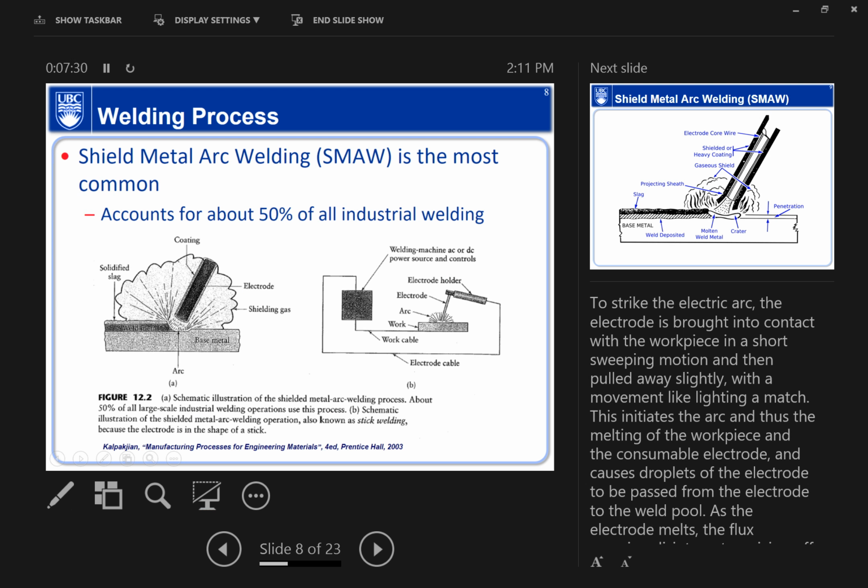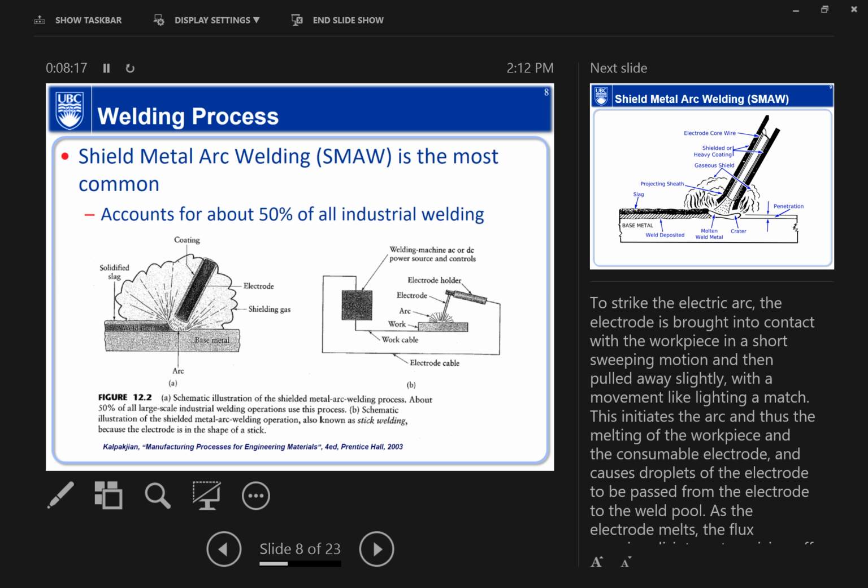As you go over the surface of the metal, an arc is generated between the electrode and the base metal, and the arc continuously generates very high temperatures. The high temperature will melt the base metal and also the electrode at the same time, and all together you have a melting pool of metal.